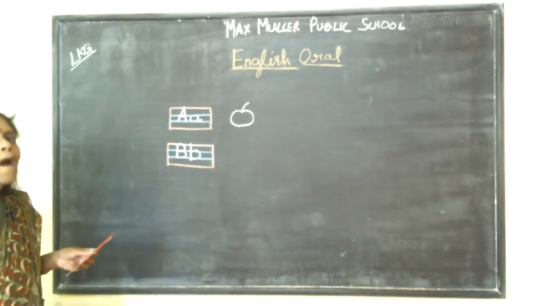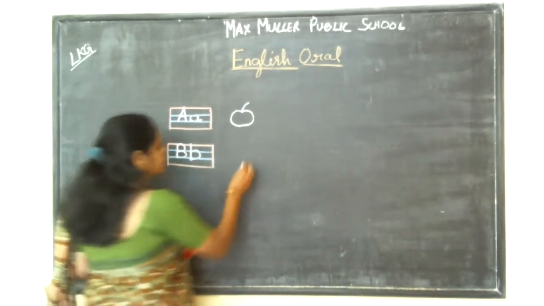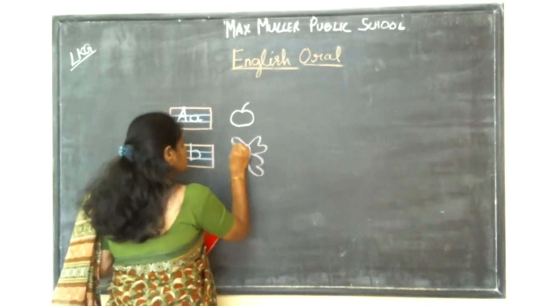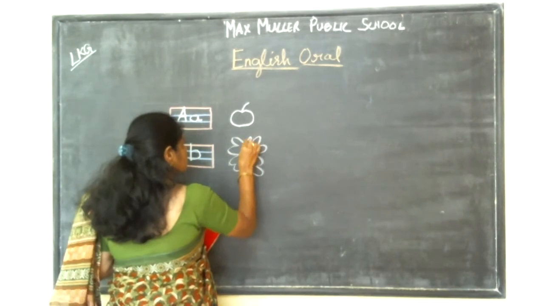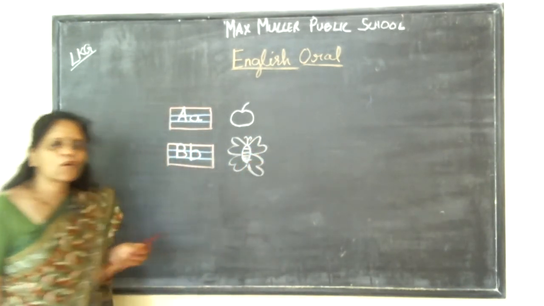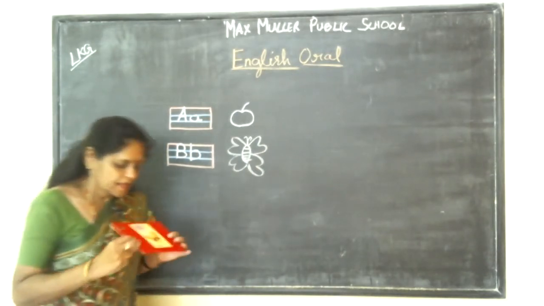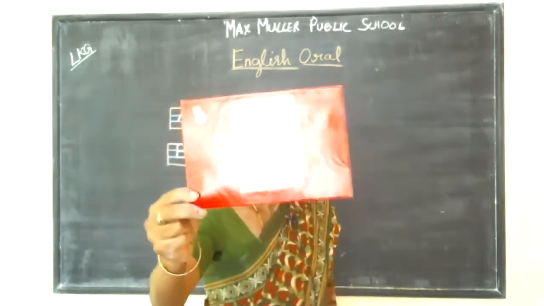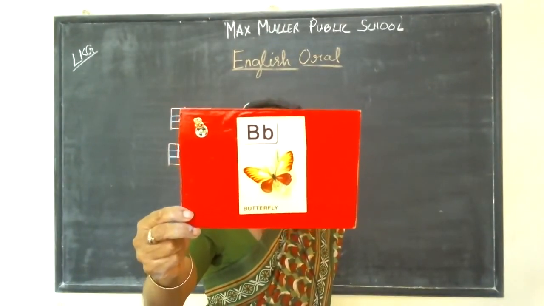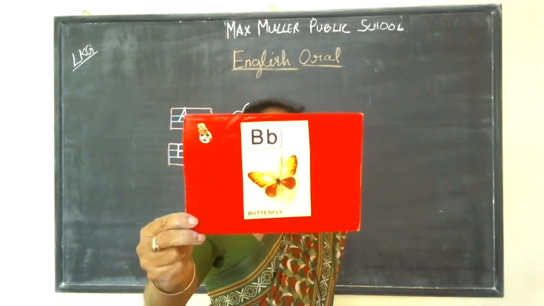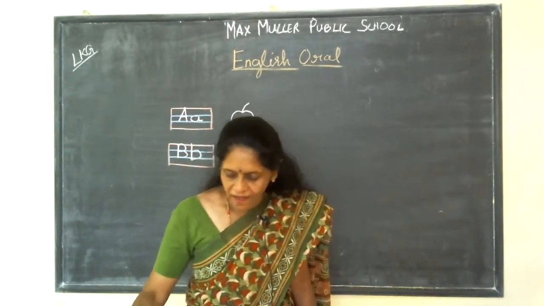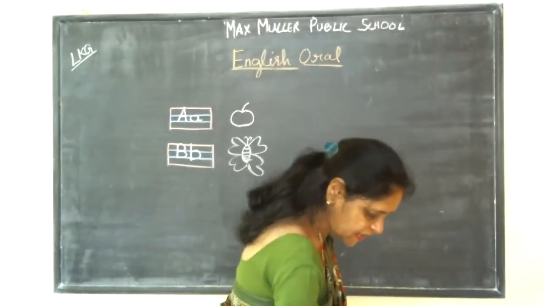B for butterfly. Okay, children? B for butterfly. Again, repeat. Capital B, small b. B for butterfly. Okay, children. Next.